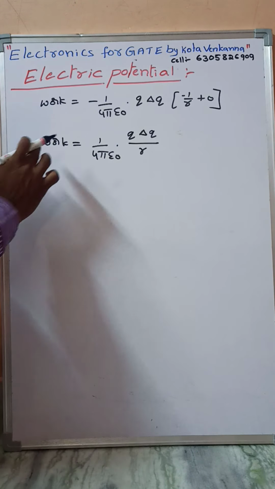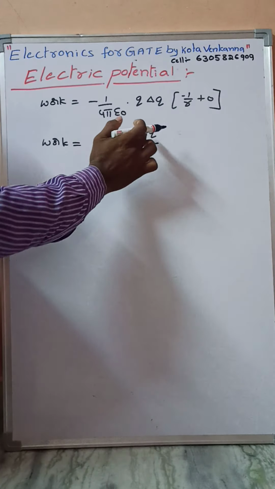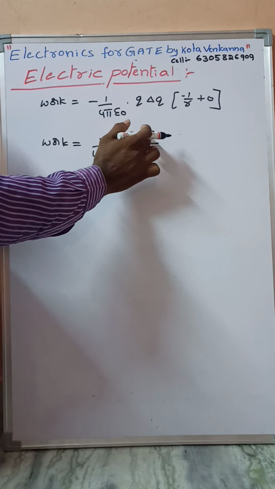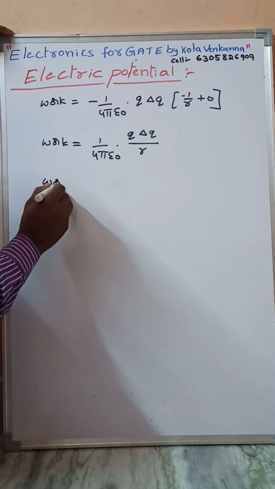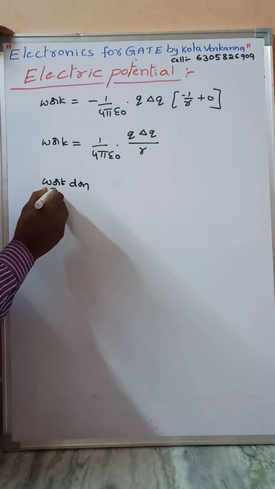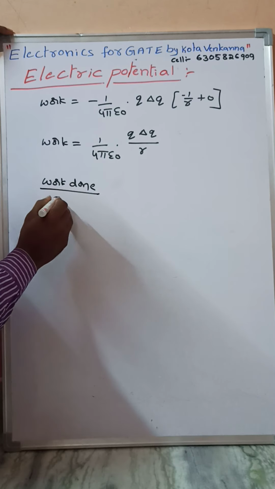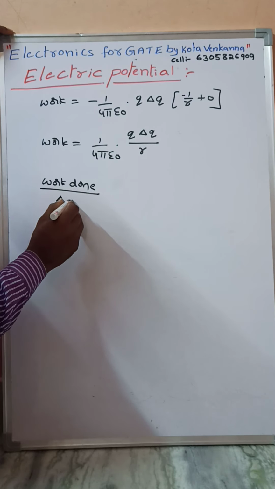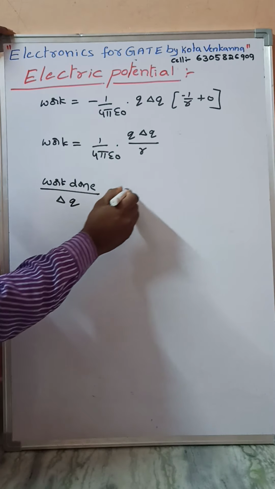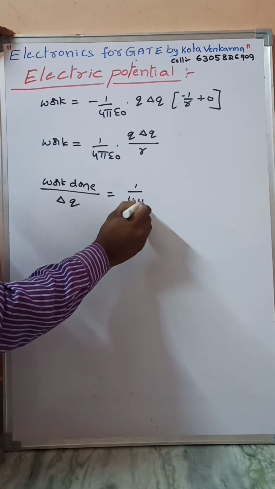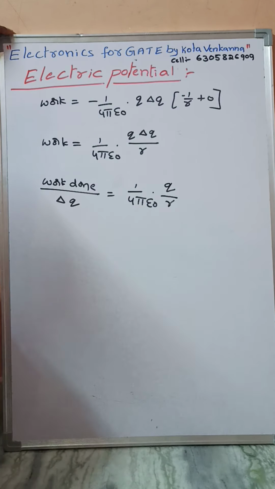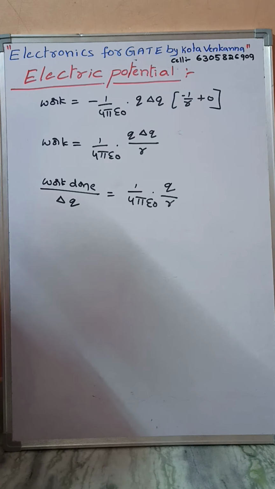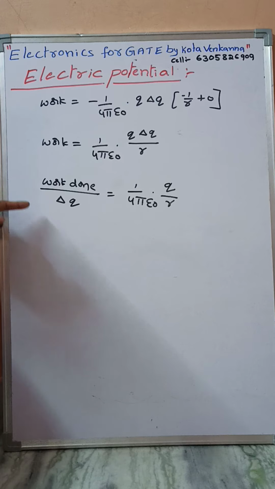So here, work done per unit charge. So the unit charge is taken on this side. Then work done per unit charge del Q is equal to 1 by 4 pi epsilon naught Q by R. So work done per unit charge is represented as potential.